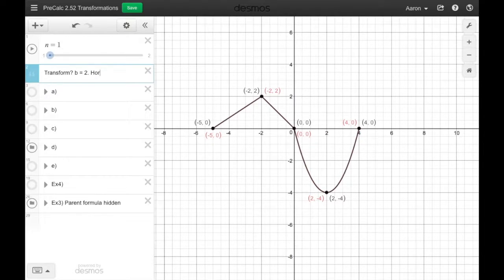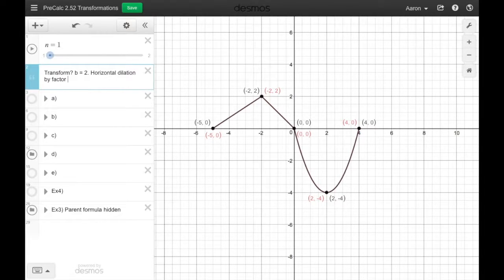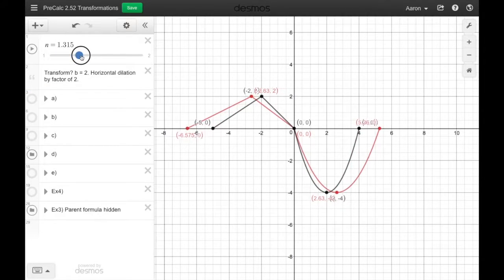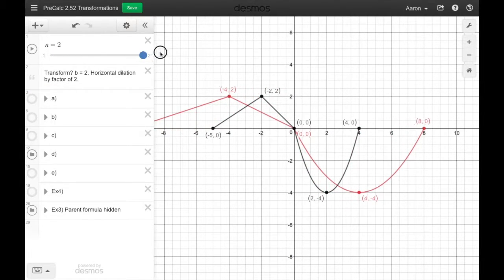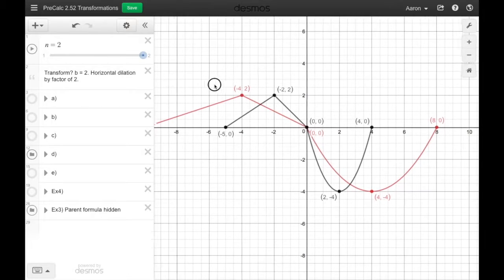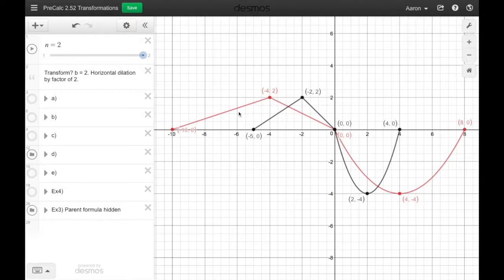Therefore, it's going to be a horizontal dilation by a factor of 2. And as you can see, all of the x values get multiplied by 2. It's twice as far away from the y-axis as it used to be. Copy this down, and then we'll move on.